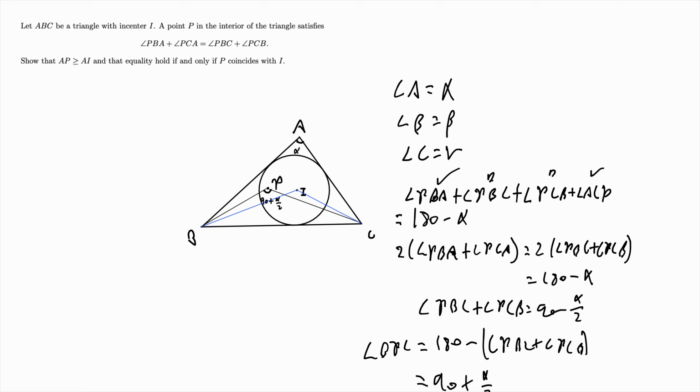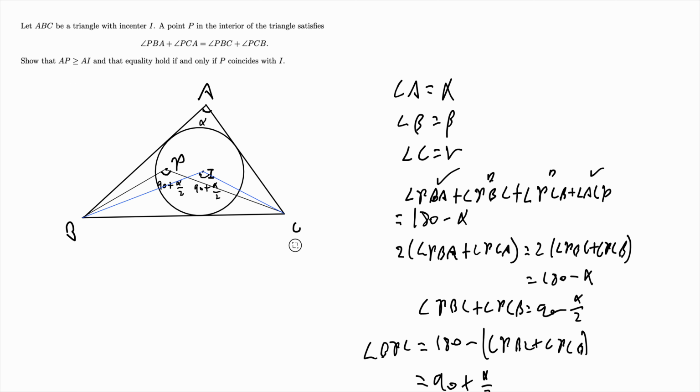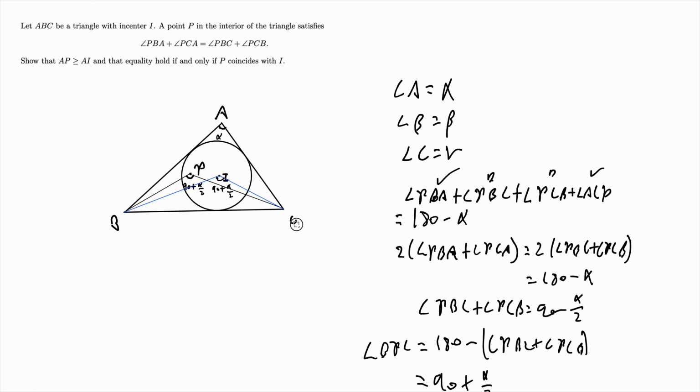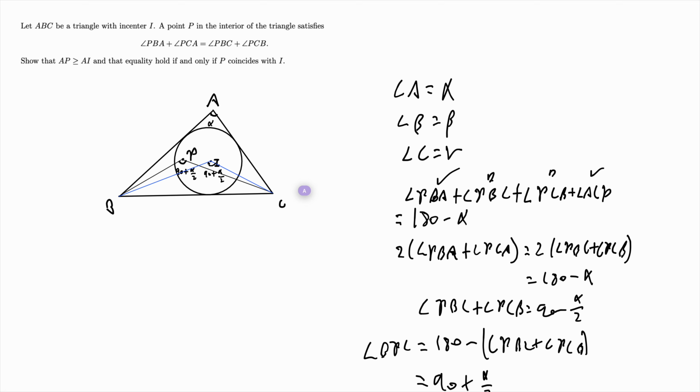Notice that this angle right here is also 90 plus alpha over 2. This is the basic property of the incenter. I hope I don't have to prove it here, assuming that everyone knows the proof. Yes, here we're going to do a special thing. 90 plus alpha over 2 and 90 plus alpha over 2 share the same side BC. Then it's quite natural for all of us to think of a cyclic quadrilateral, because that's the if and only if condition of a cyclic quadrilateral.